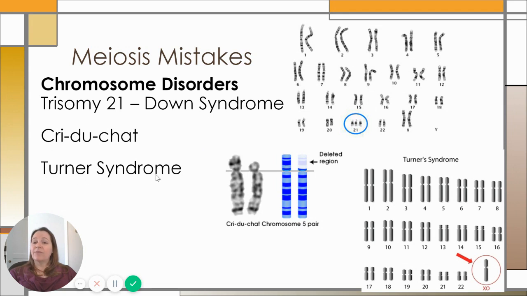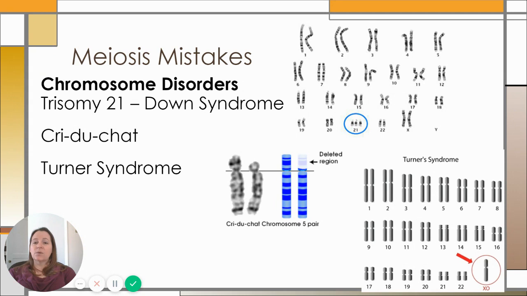Some of them have little impact on the quality of life or life expectancy, like Turner syndrome, and others, like Down syndrome, you can make an argument about quality of life, but the life expectancy is typically the same as other individuals without a chromosomal disorder.